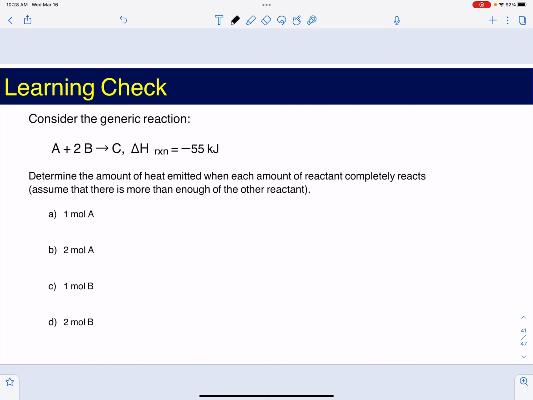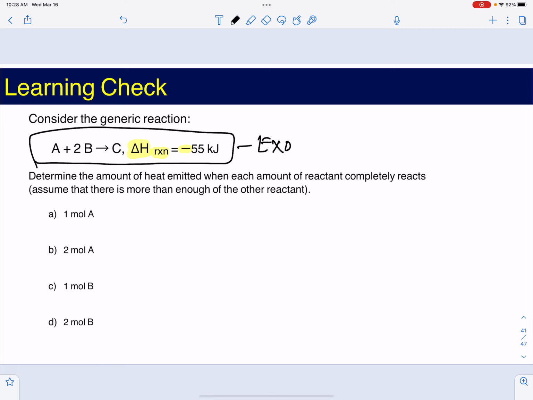So if we have a chemical reaction that includes energy, right, the change in enthalpy of the reaction, we see that this one is negative, so this one is an exothermic reaction. But you already knew that from chapter 3, I believe.